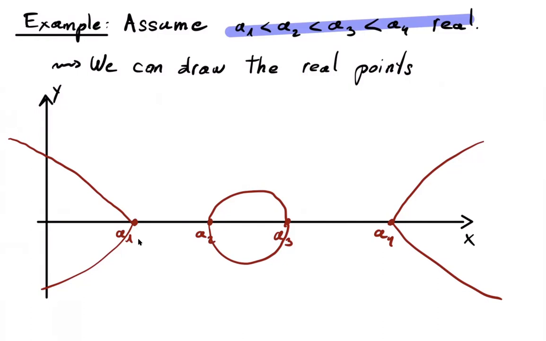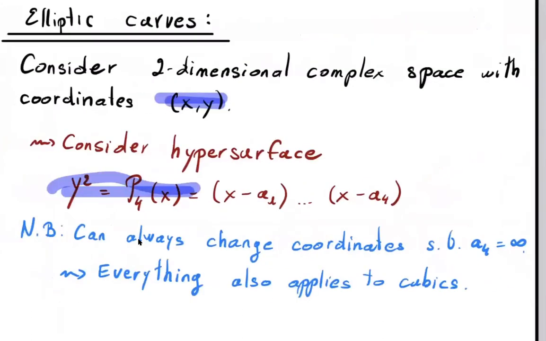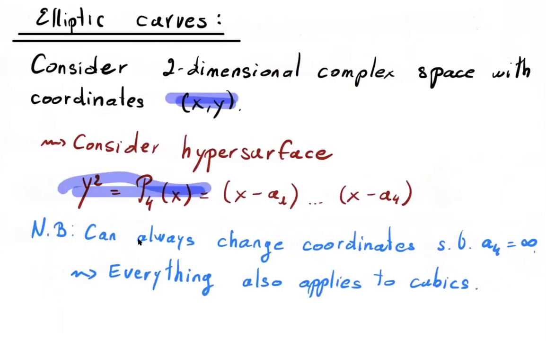So if I order a1, a2, a3, a4 this way, you can easily check that the curve y squared equals p4 of x looks like this curve. You can particularly see it's symmetric along the x-axis. That is simply because if y is a solution, then also minus y is a solution.